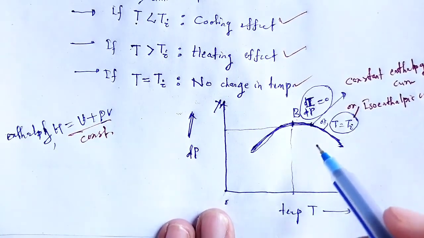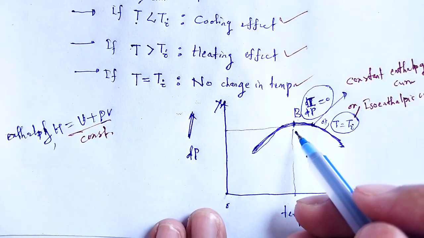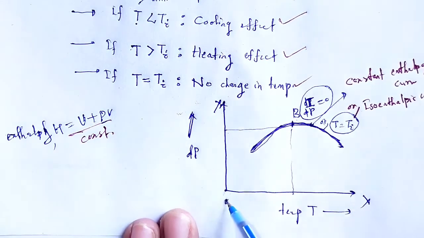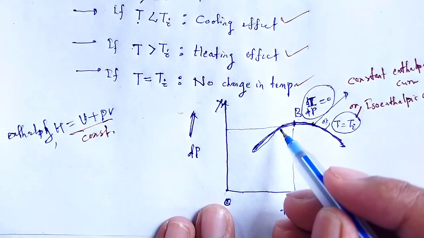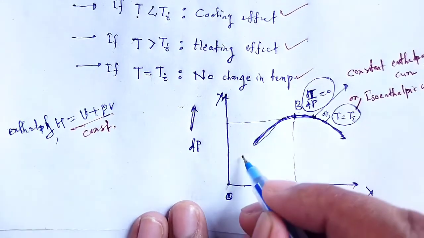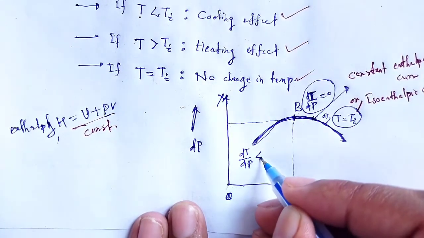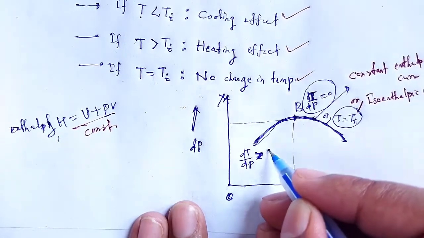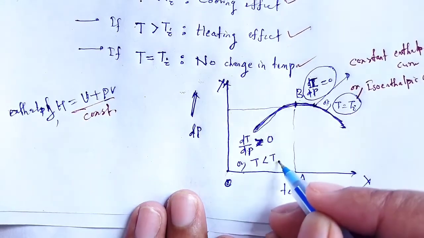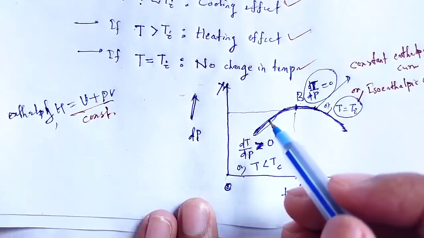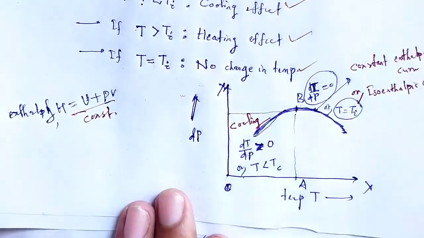For the temperature less than that point, in that region OA, the cooling effect is observed. Here dT by dP is greater than 0, or we can say temperature is less than Ti, and here the cooling effect is observed.